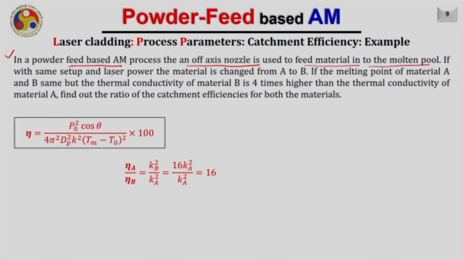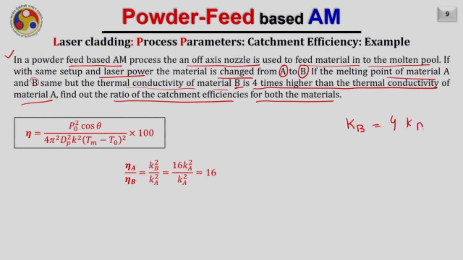With the same setup and laser power, the material is changed from material A to B. It is also given that the melting points of materials A and B are the same, but the thermal conductivity of material B is 4 times higher than that of material A. Find the ratio of the catchment efficiency for both materials. In summary, the thermal conductivity of material B is 4 times that of material A, and the rest of the parameters are the same.